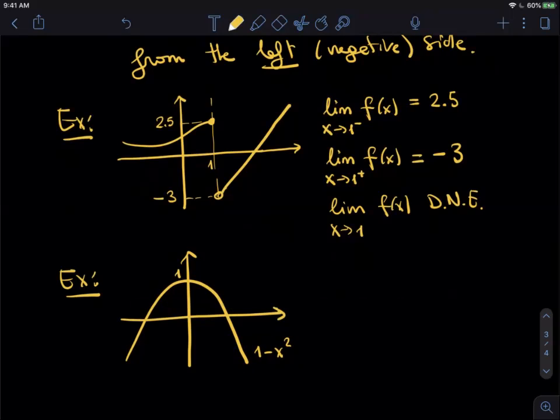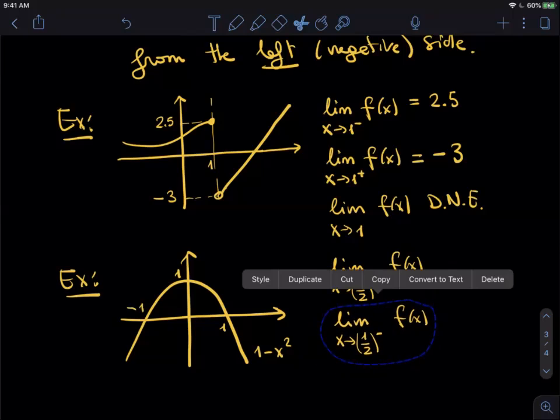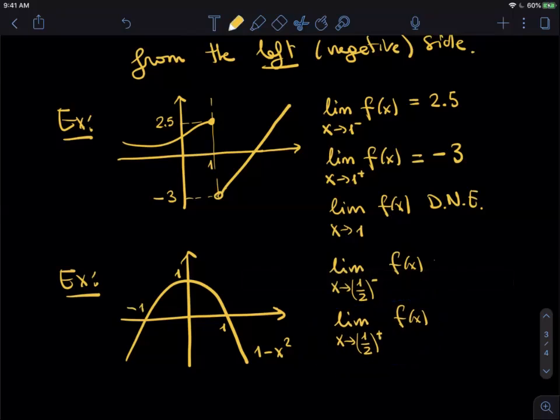Let's say this is 1, this is -1. Let's say I want to find the limit as x tends to 1/2 from the left and from the right. So what are these limits? This would be the value here. This is 1/2.